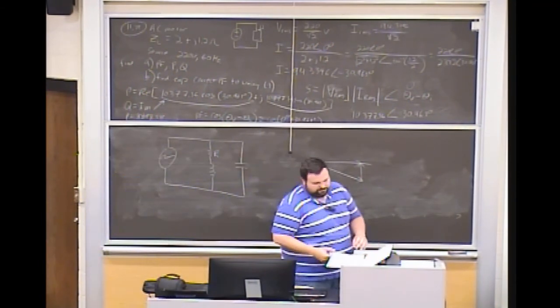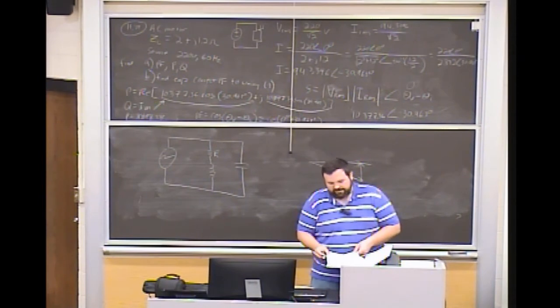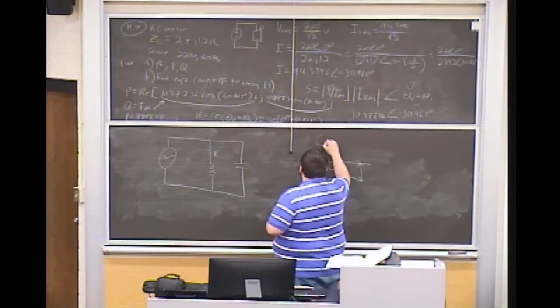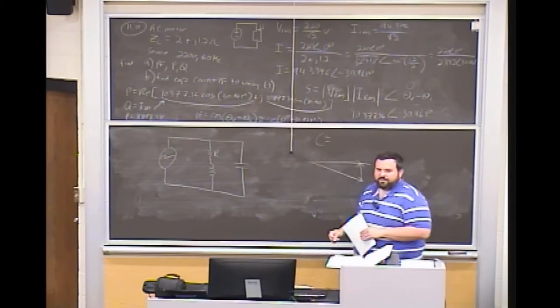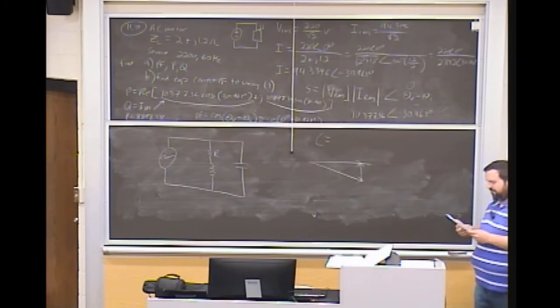And what you were told in your book is that you can pick a capacitor. There's a derivation of this in your book. I'm not going to, in the interest of time, go through it, but I would recommend you read the derivation of it.